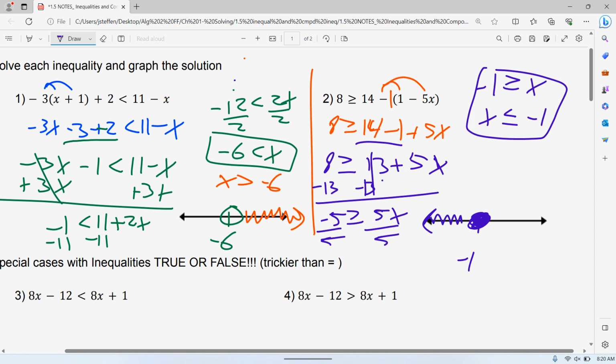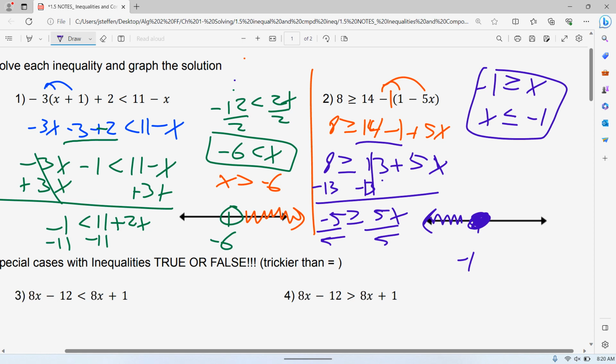So this is a positive 5, so it stays the same. But then the order is I switched this. Okay, so you didn't put that on this step. You switch the order, so you put the 5x on the left. And so this is the spot where you should have put your sign because the x is on the left, right?